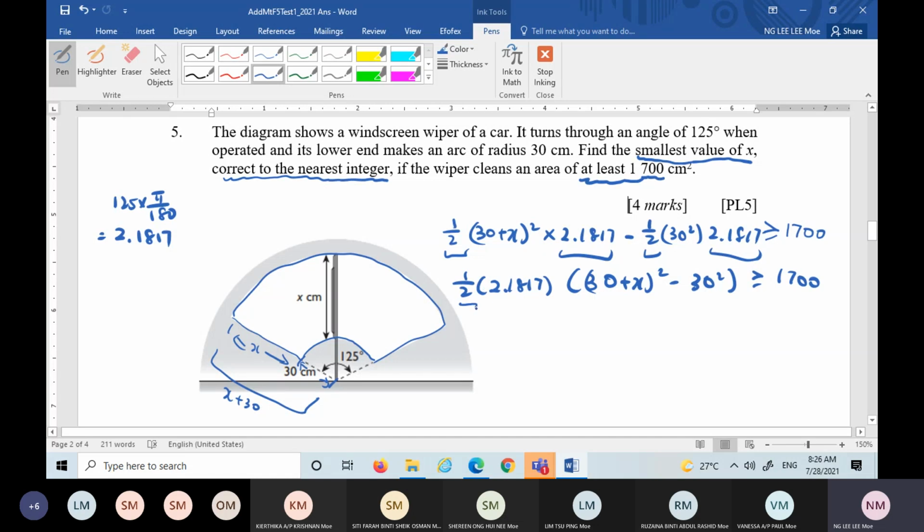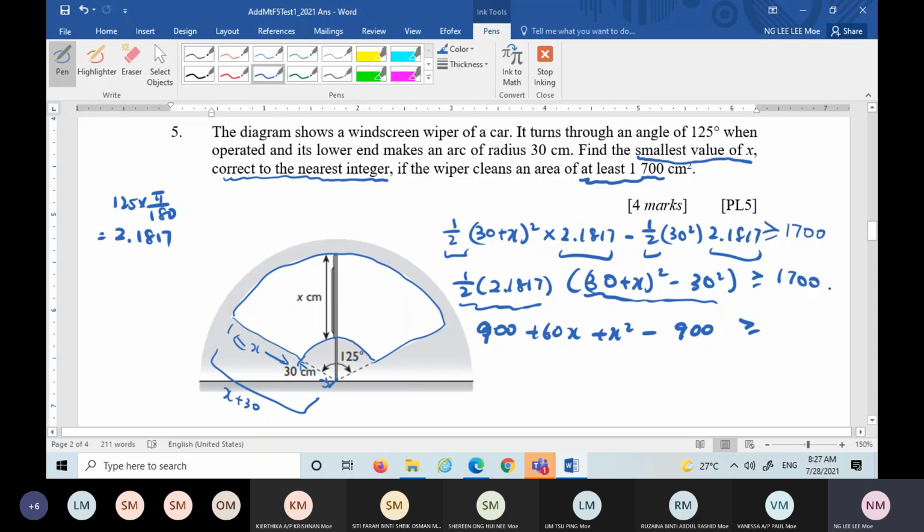Then these two numbers move to the right hand side, and this one I expand out. 30 times 30, 900. This is x squared. This is 30 times 2, 60x. Plus another 900, sorry, minus 900.